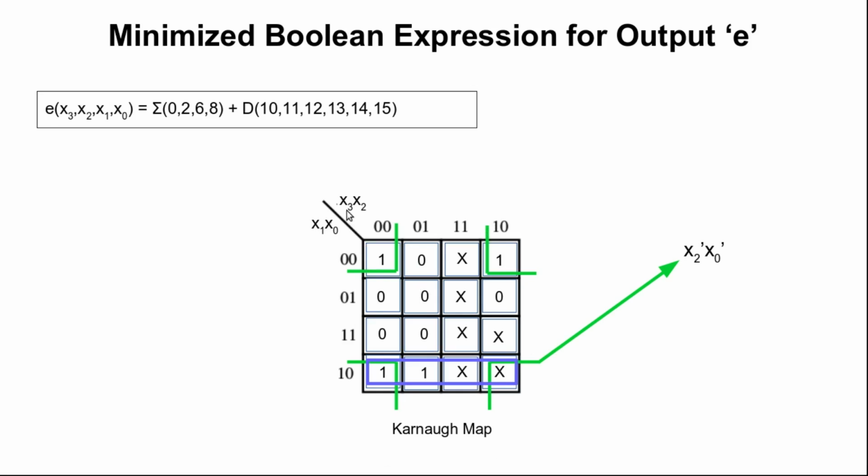This means that the variable x3 and x2 will change and they will be discarded. However, row wise, all these 4 belongs to only one row, where x1 x0 is equal to 1 0.